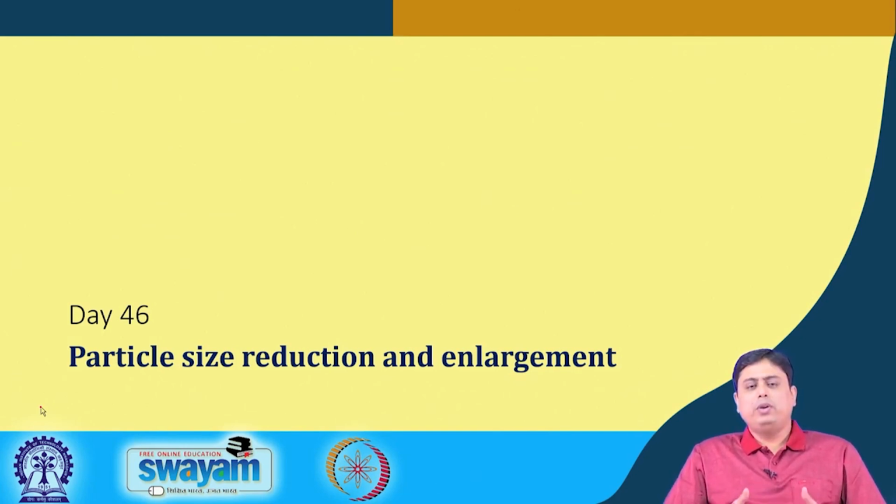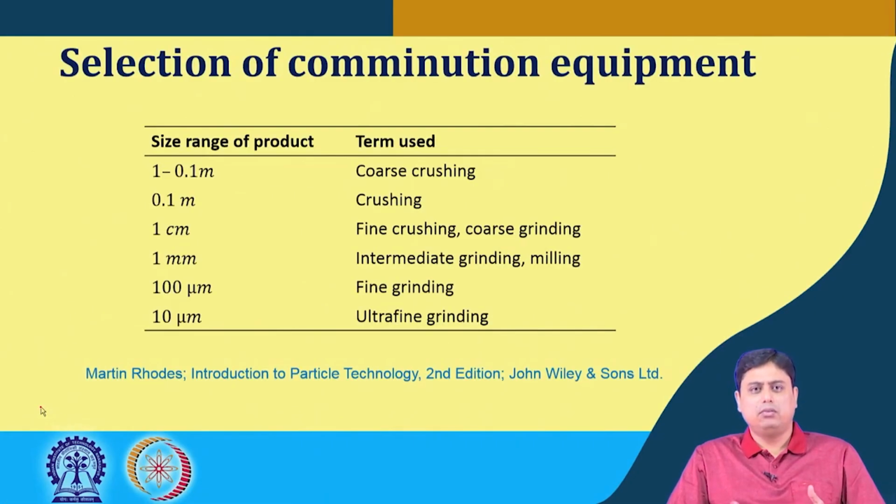Now by now we have encountered several terminologies, and a couple of them are coarse grinding, fine grinding and crushing. So what are these? What does this size range typically mean? The term coarse crushing is used when we talk about the order of meters, say from 1 meter to 0.1 meter. In this size range, industrially, it is called the coarse crushing operation.